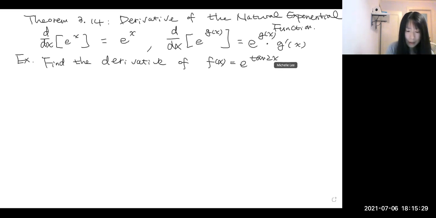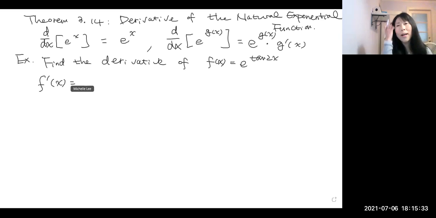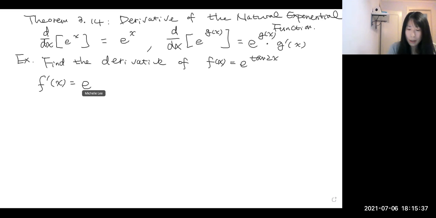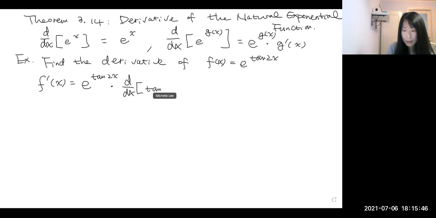All right, so we take the derivative, okay, always rewrite e to the function. So e to the tan 2x. Now we're gonna use chain rule, so tan 2x. So e to the tan 2x, what do you get?